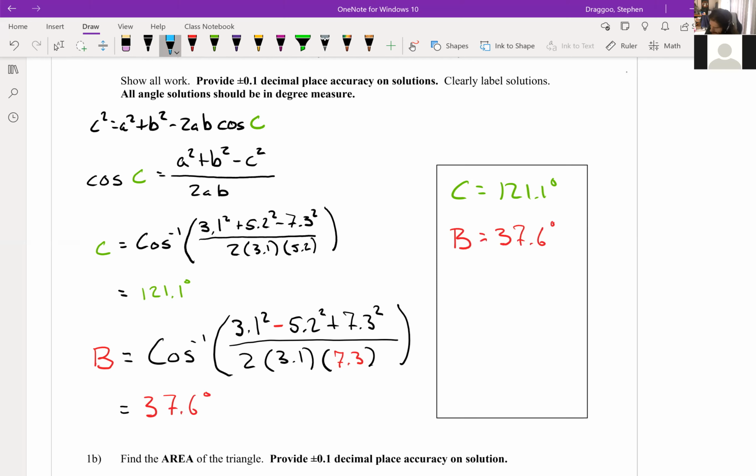And then lastly, where we've got space, looks like it's up at the top, we've got to get A. And here we'll take that A is just the difference between 180 and the other two angles, 121.1 degrees minus 37.6 degrees.